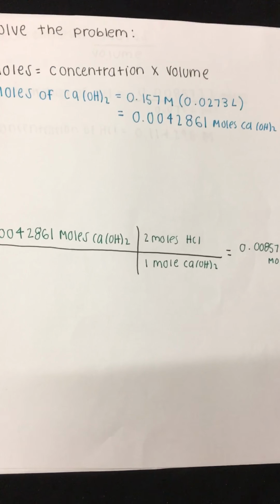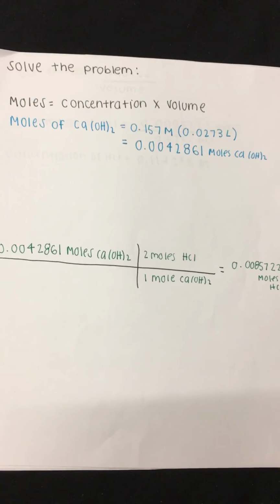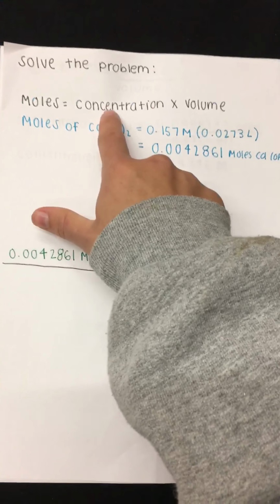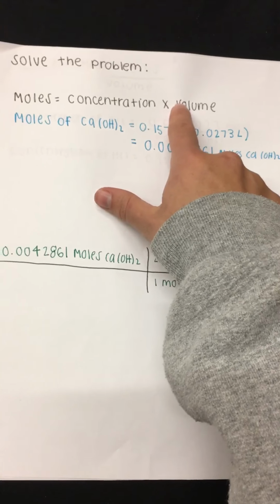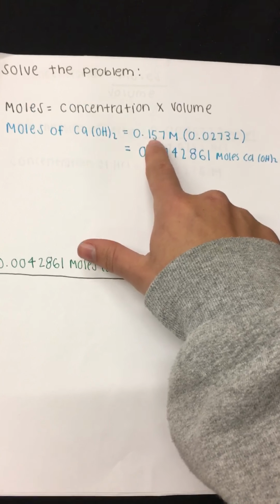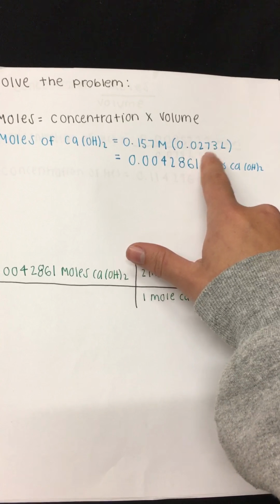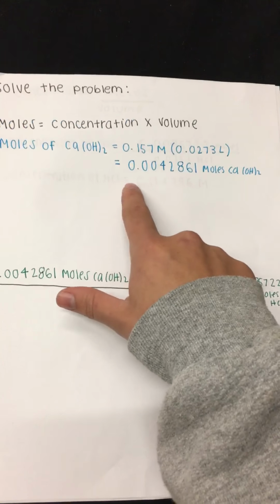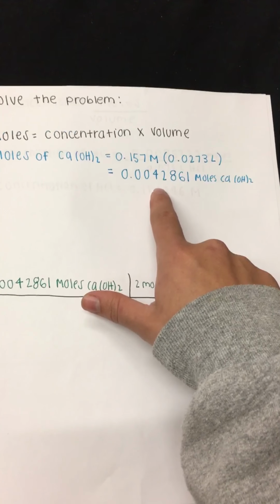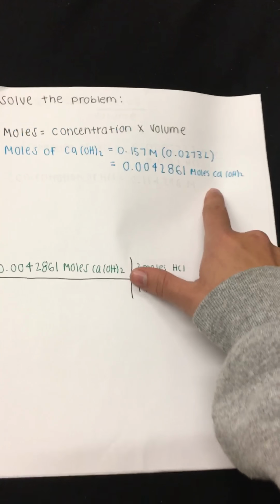First, we will find the moles of calcium hydroxide. To find moles, we will use the equation moles equals concentration times volume. So moles of calcium hydroxide equals 0.157 concentration times 0.0273 liters, which equals 0.0042861 moles of calcium hydroxide.